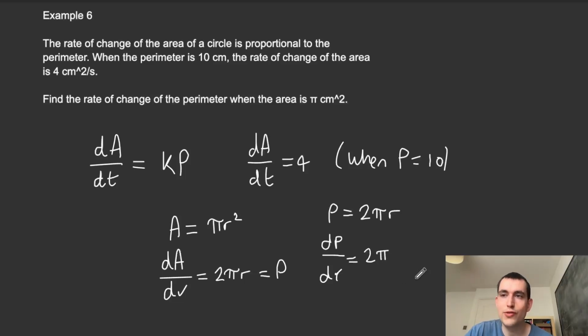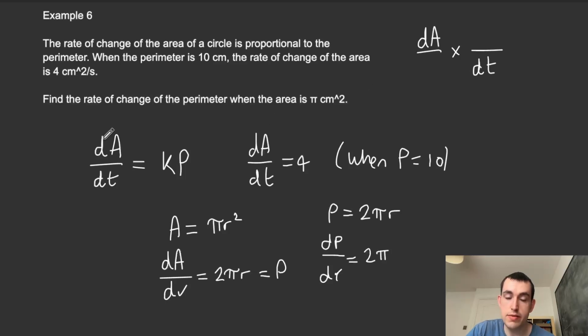I know it seems a bit unrelated at the moment, but we have got dA/dr and dr/dP being connected together, and that will connect us to dA/dt once we use the chain rule. The chain rule says that we can add whatever we like as long as we times and divide by it.